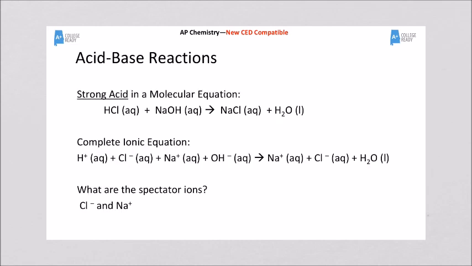And then let's just do some examples like we did in the precipitation portion. If we have a strong acid and we're asked to write a molecular equation, remember this is just like double replacement, or some of you call it displacement, same thing. The hydrogen ion is being lost.